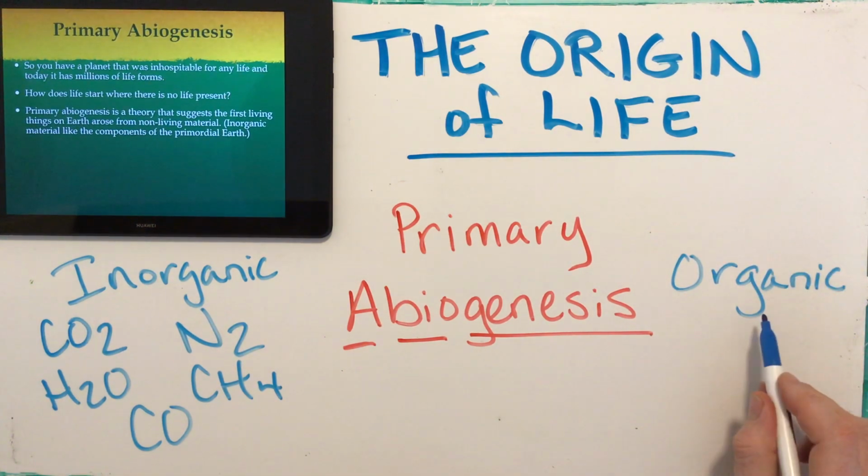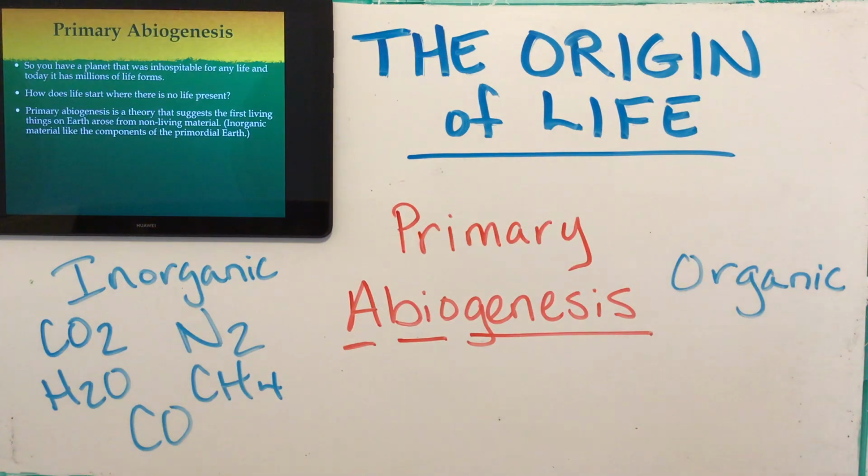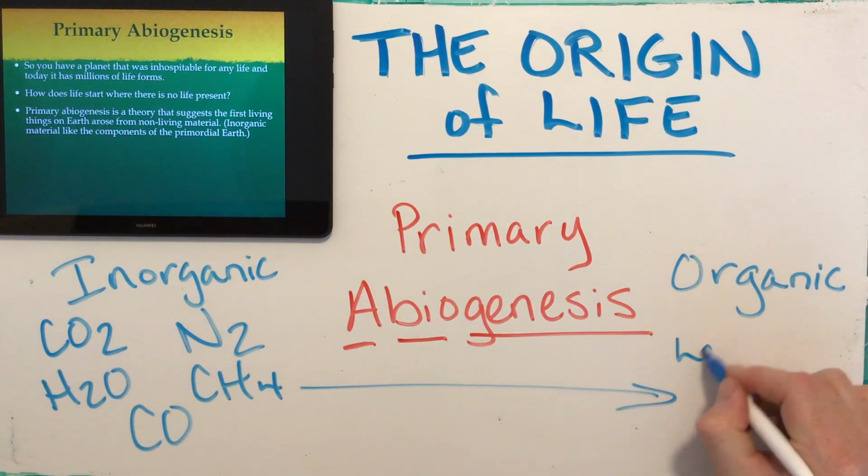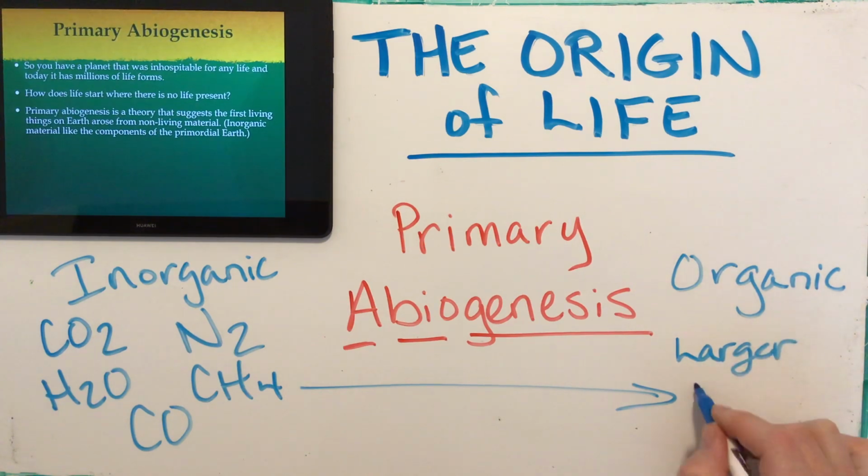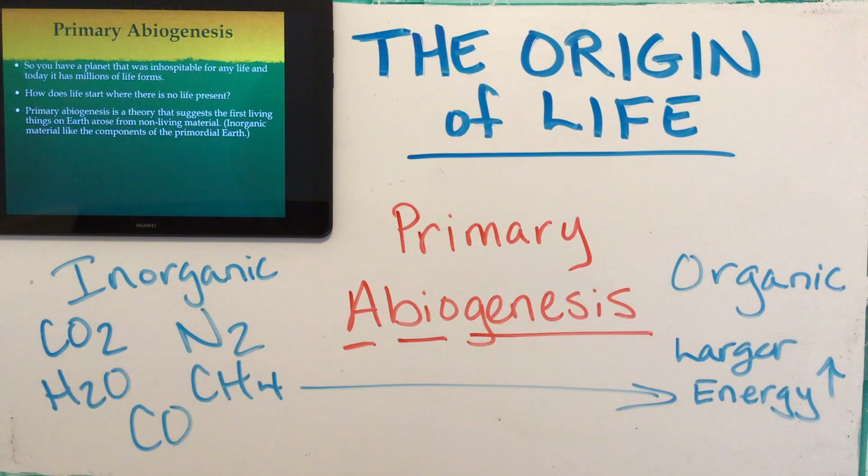Organic molecules are the high energy ones that fuel your body and build your body and repair it and stuff like that. So we have to get from this to that. Now organic structures are larger and they carry more energy. So they have a higher energy value. These ones are smaller. If you look at a lot of these, 5 atoms, 2 atoms, 2, 3, and 3 atoms. So not very big.